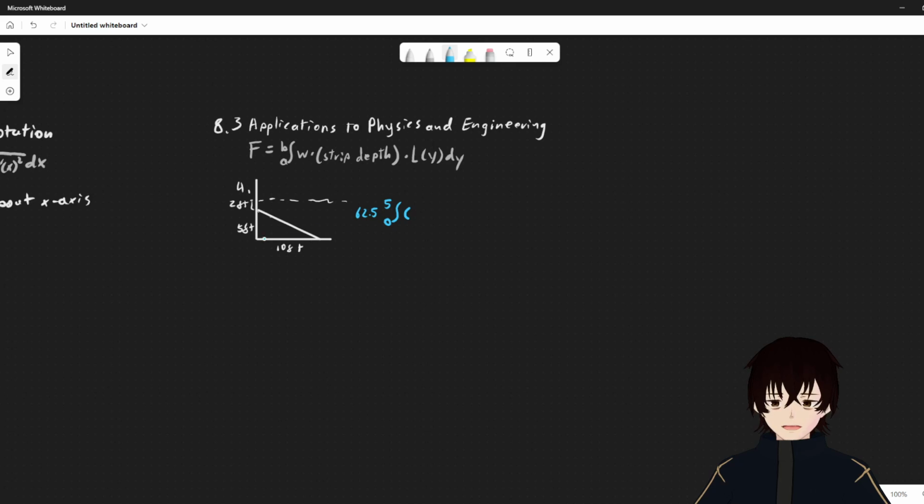Strip depth, that's how deep a single stripe is on the triangle. That's gonna be 5 minus y. And then the length of the strip. The length, this can be graphed as y equals 5 minus 1/2 x.